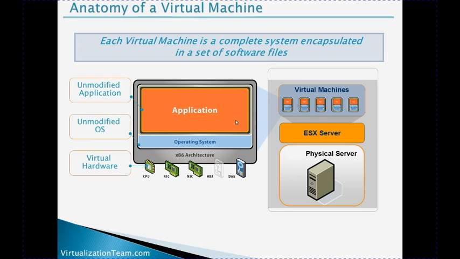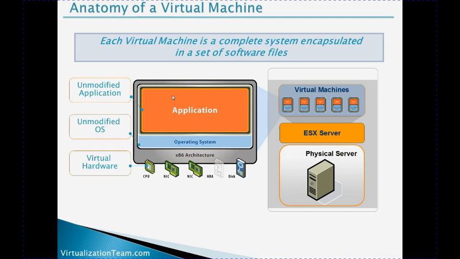The other nice thing about the virtual machines we're providing is that you can run a totally unmodified operating system and totally unmodified applications on them. As you saw, I installed Windows 2008 as it is: I got the CD from Microsoft, put it in, and installed it.